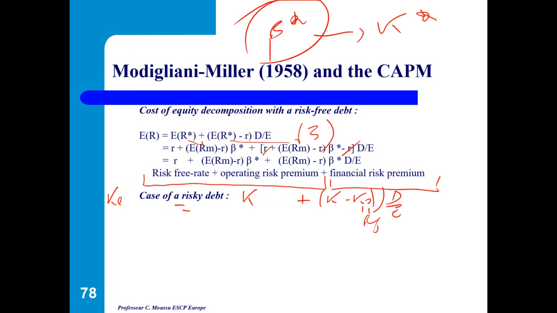And it's really something that is associated with one industry. Remember that in one homogeneous industry, we have the same systematic risk on the operating assets. So having beta star is having K star. It's always very important to be able to assess fundamentally the level of operating risk.